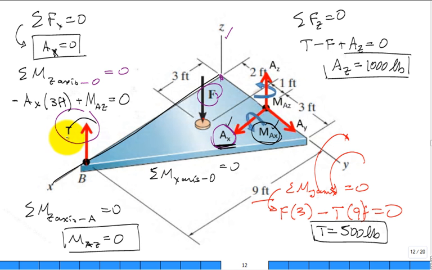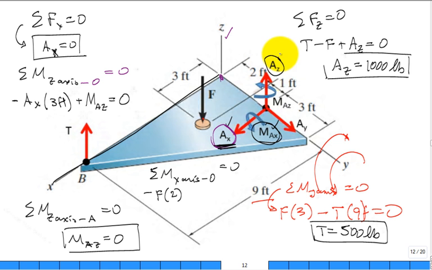Does T exhibit or contribute? No. Does F contribute? Yes, it does. And is it a negative F times a moment arm distance of 2 foot? All right. Is that right? All right. Does AZ contribute?